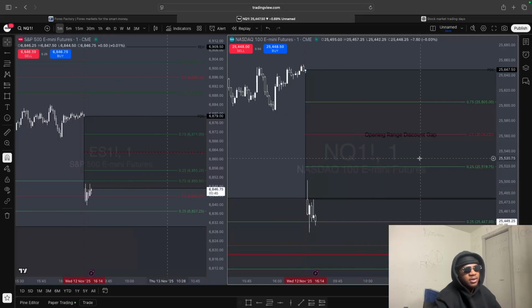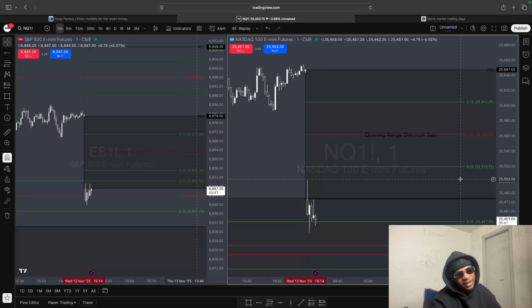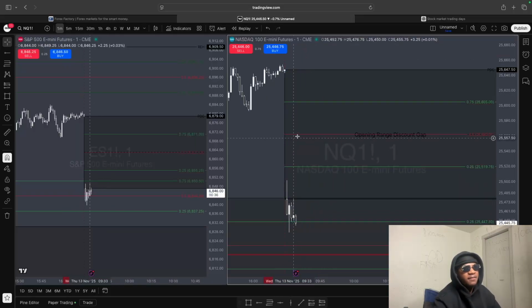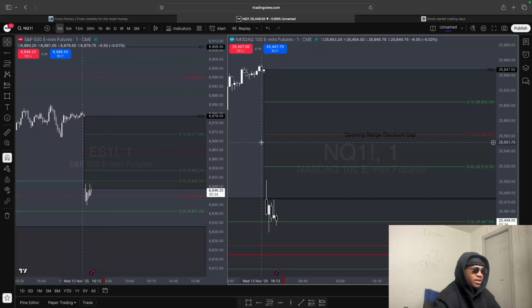I want to see the 0.25 of it get filled because it's closer to 200. So that's a huge discount gap. If the half of it gets filled, then that'll be good.